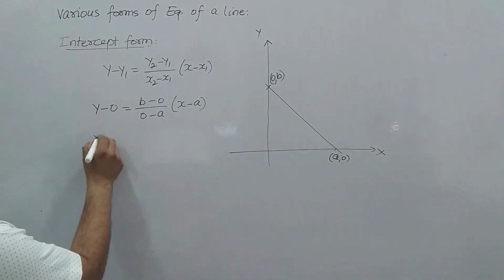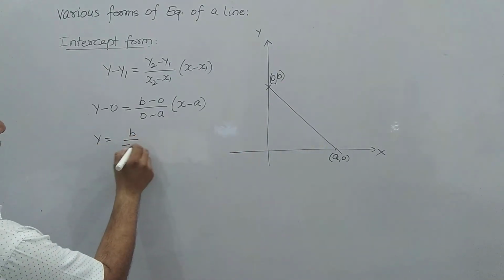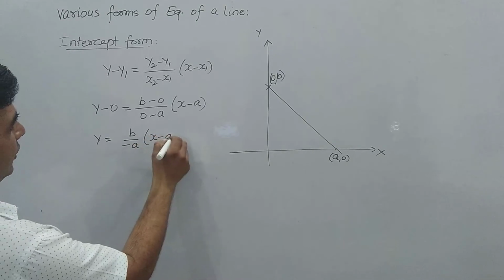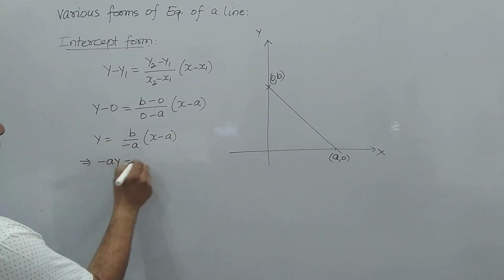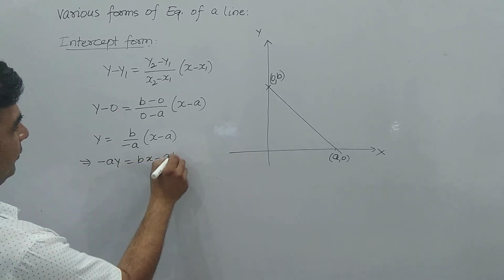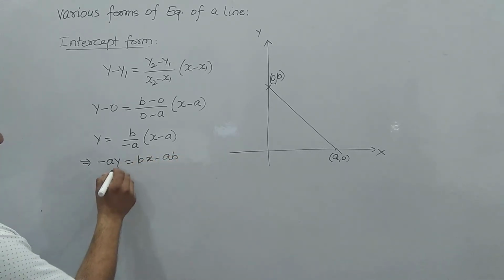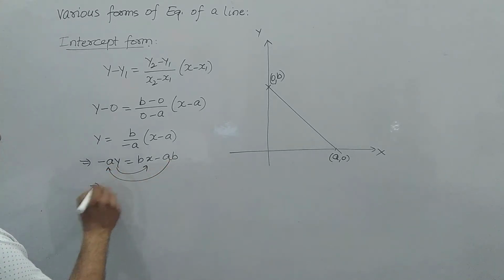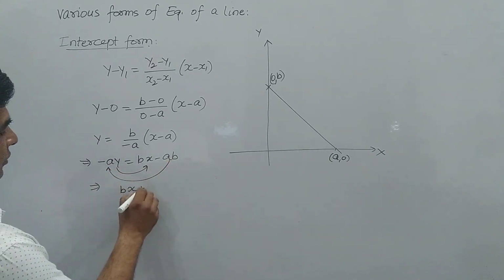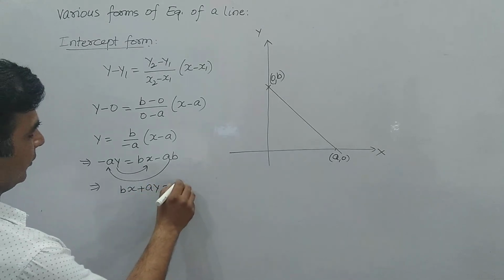Now this is y is equal to b upon minus a times x minus a. So let me cross multiply it. This is minus ay is equal to bx minus ab, or simply, take this on the right hand side and this on the left hand side. This will give you bx plus ay is equal to ab.